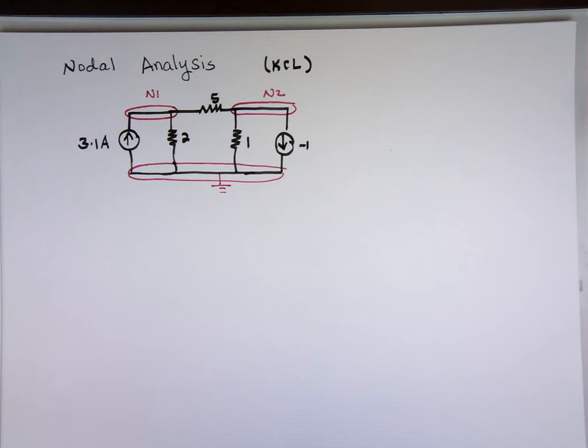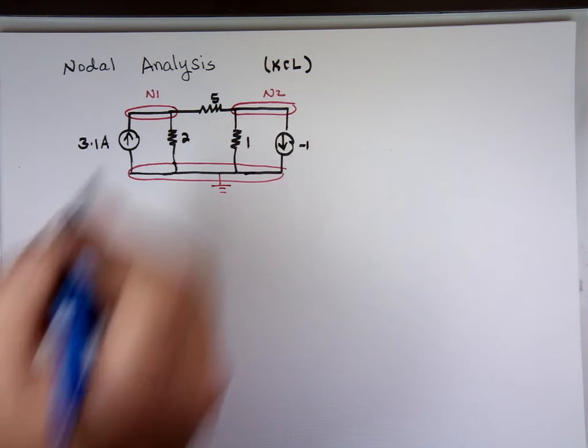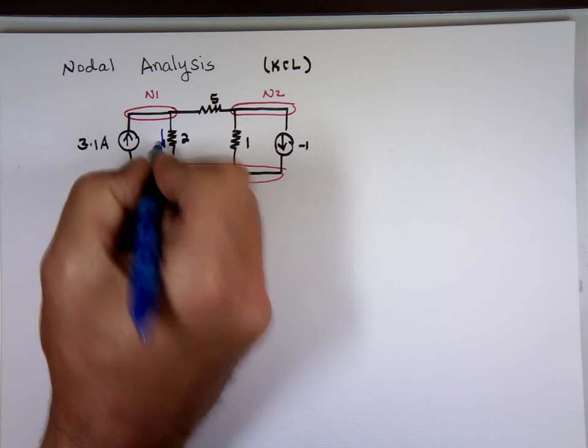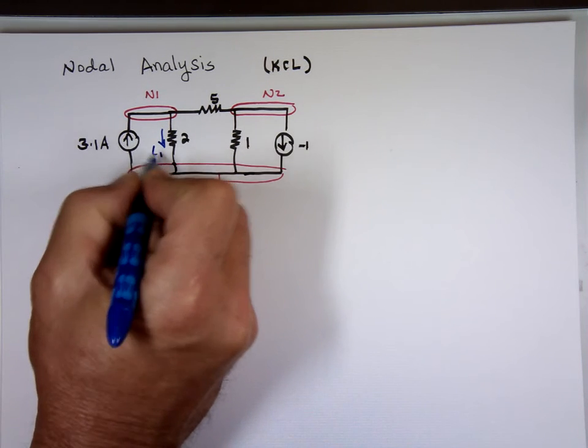What nodal analysis said is, with these problems, assign current in any direction that you want. You choose. So through the 2 ohm resistor, which way do you want the current to go? Up or down? I'll go down. Let's call it I1.